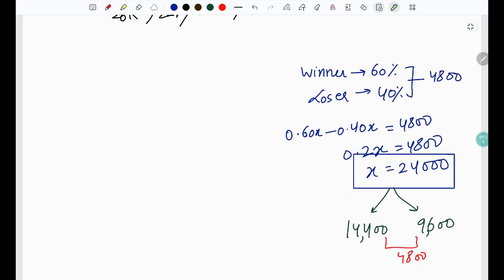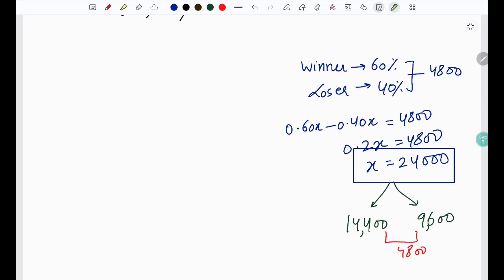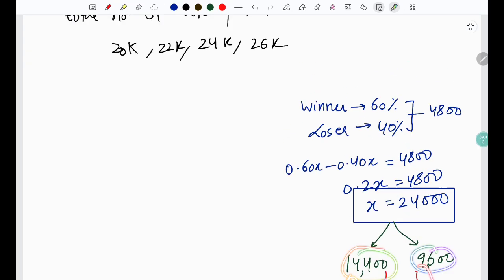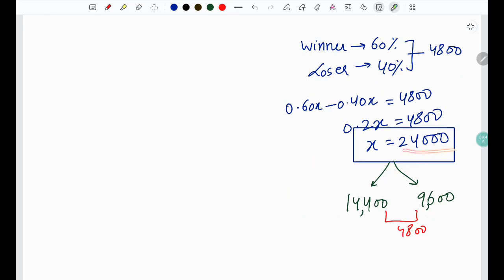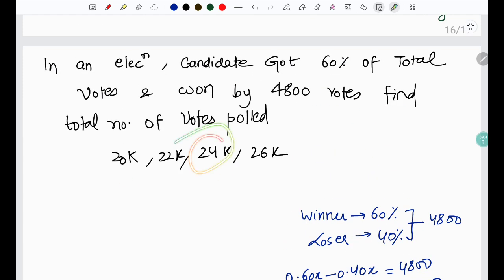Just to understand, the winner actually won 14,400 votes, which was 60% of the total votes, and the loser won 9,600, and the difference between these two was 4800, by which the winner won. Hence the correct answer is 24,000, which I have written here as 24k.